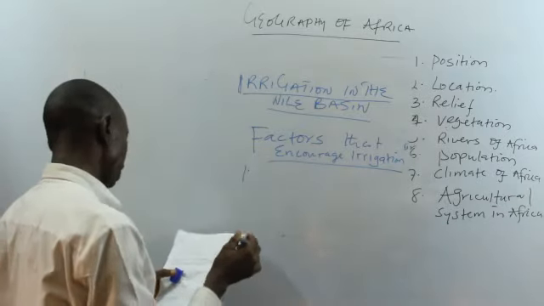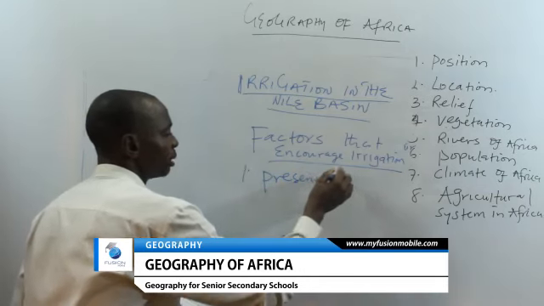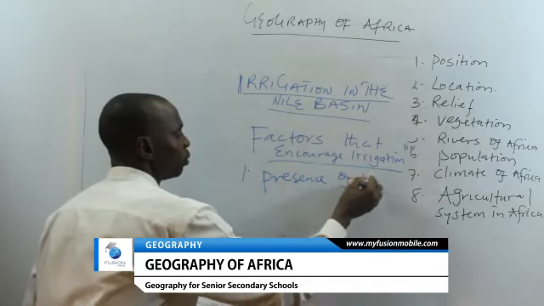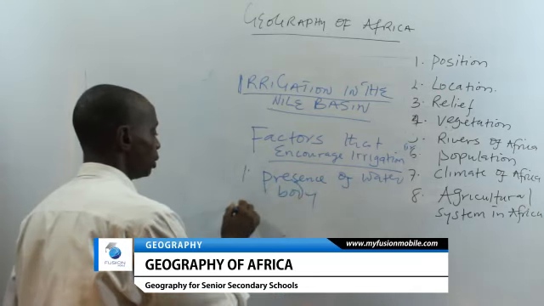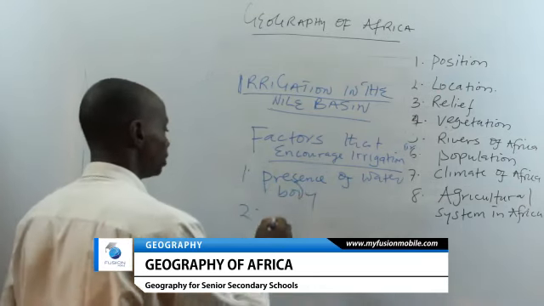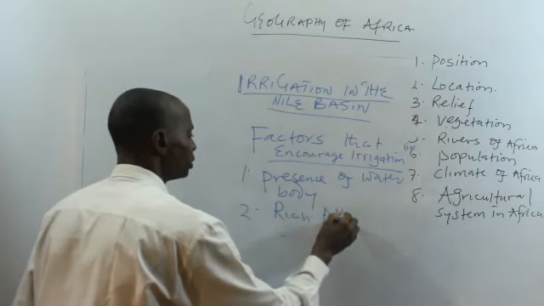Number one, we have presence of water body. Presence of water body. Number two, we have rich alluvial soil.